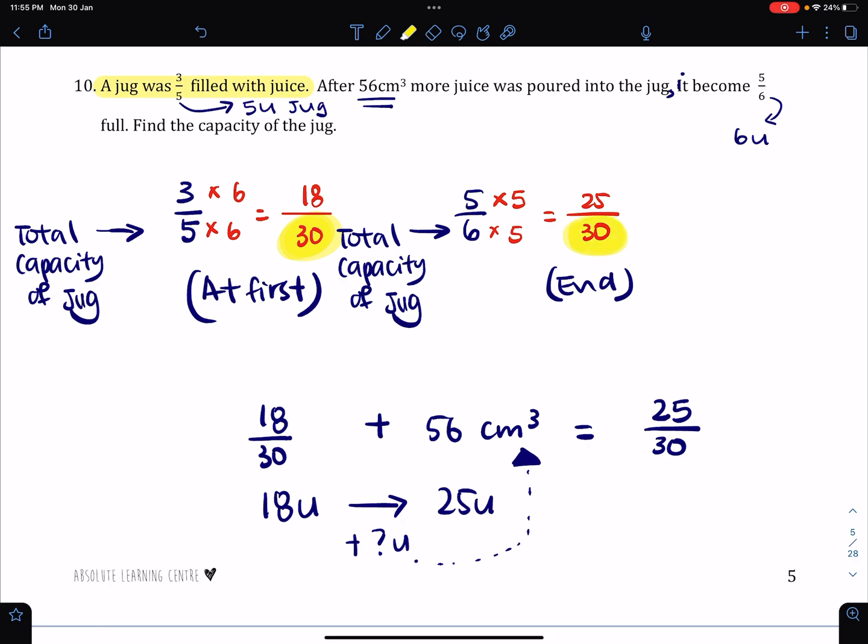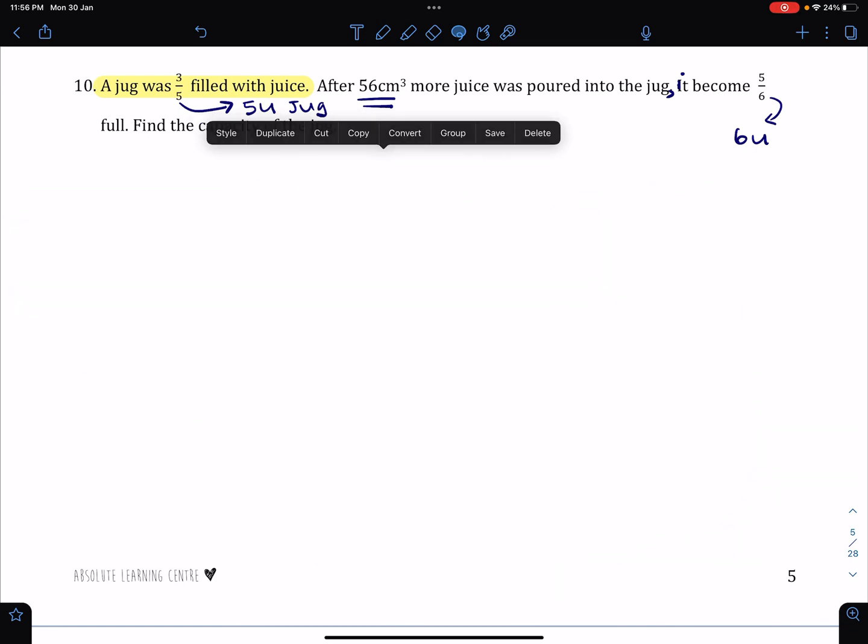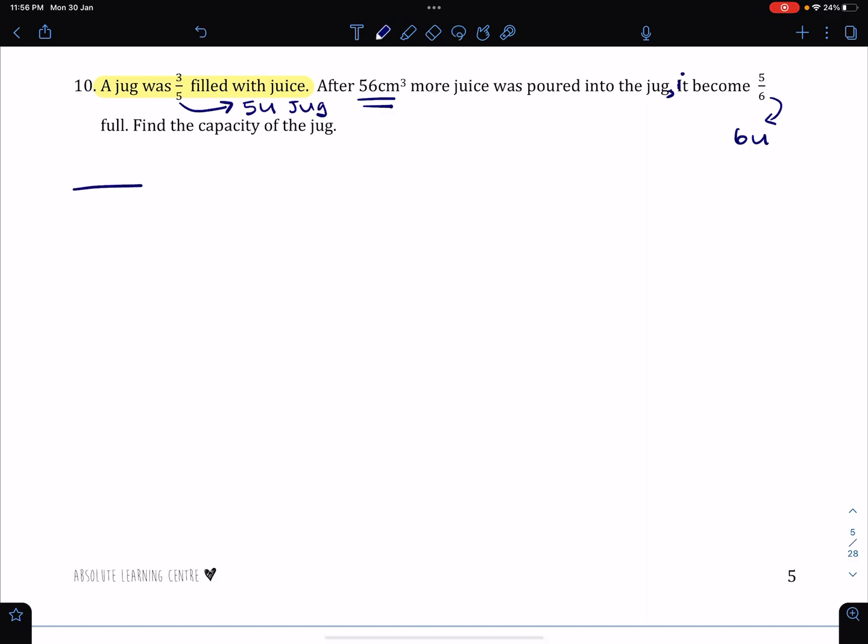Now let me clear it a bit, and then I would draw my model. If you cannot visualize using this method, do draw the model. So what I'm gonna do is draw a bigger size for my model, because I know that I have to cut later.